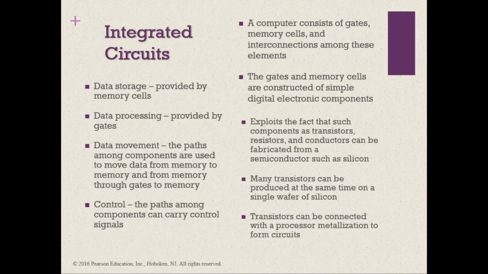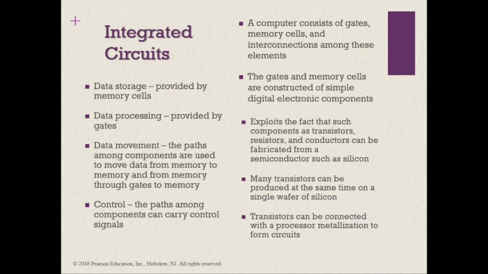The gates and memory cells are, in turn, constructed of simple digital electronic components. The IC exploits the fact that such components as transistors, resistors, and conductors can be fabricated from a semiconductor such as silicon.